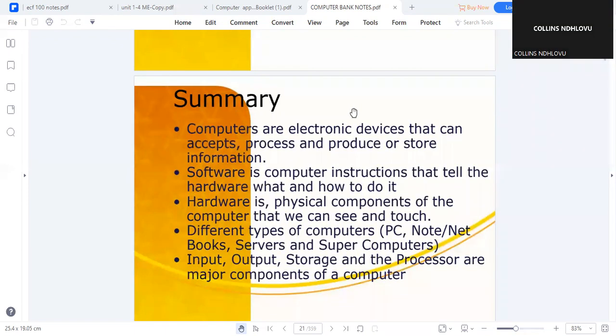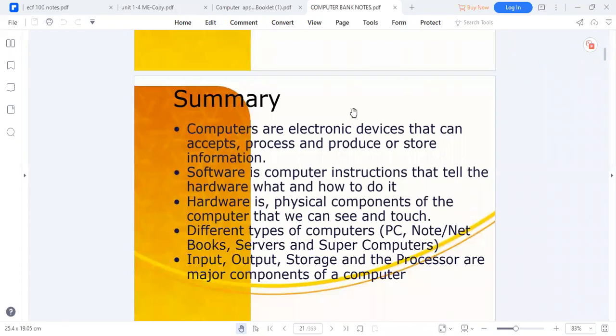We also have different types of computers: PCs, notebooks, servers, and supercomputers. We also have input, output, and storage devices that we are going to learn in the next segment. So this is basically the introduction to computing.